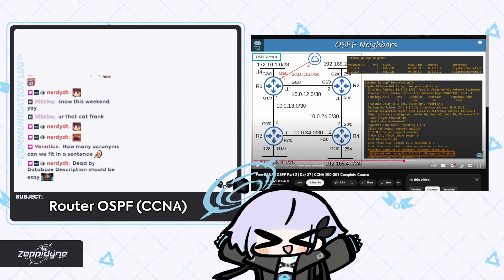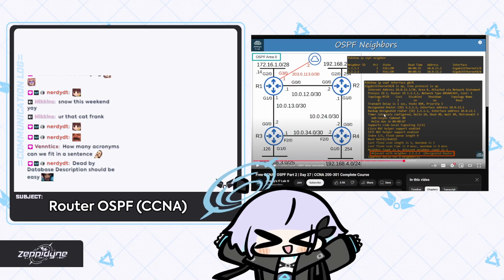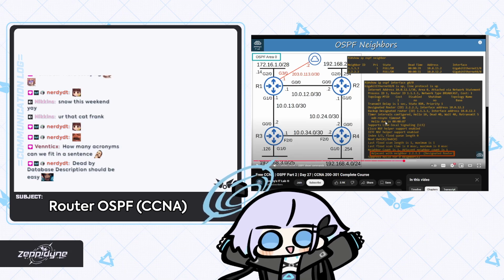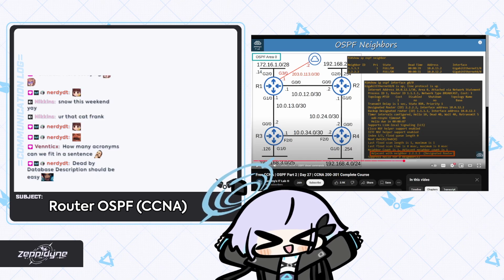Neighbor count is 1. Of course, they send a hello packet. Adjacent neighbor count, they're next to each other. Should that make sense?